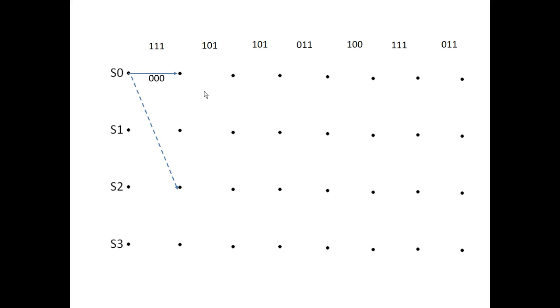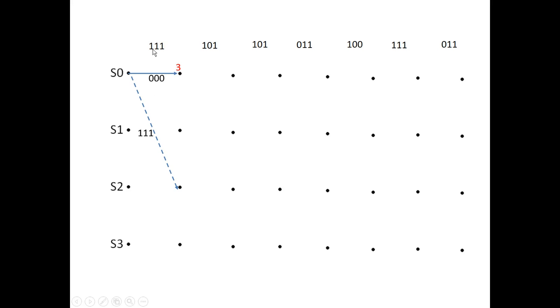Next we need to find the metric value. That is very, very important. To find the metric value, we compare the received code bits with the respective output. That branch represents the output, so here this output is 0, 0, 0. We compare the bit position changes between the received code word and this encoded code word.